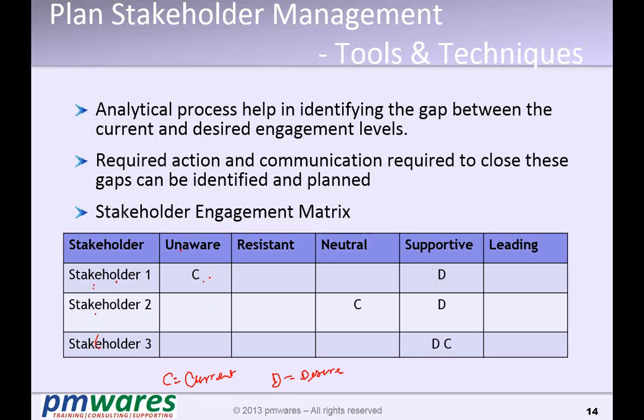So we have to form strategies to bring him from unaware to supportive. Stakeholder 2 is neutral right now, and we want to move him from neutral to supportive. Stakeholder 3 is currently supportive and we want to continue in the supporting role, so maybe there is no action here.